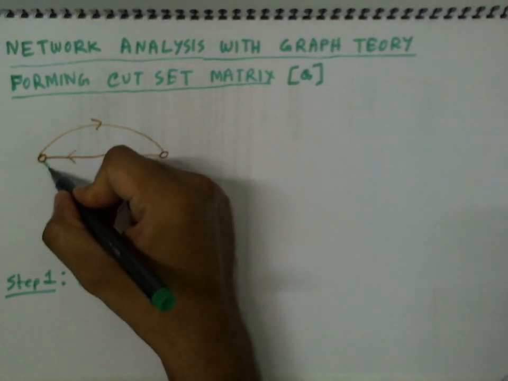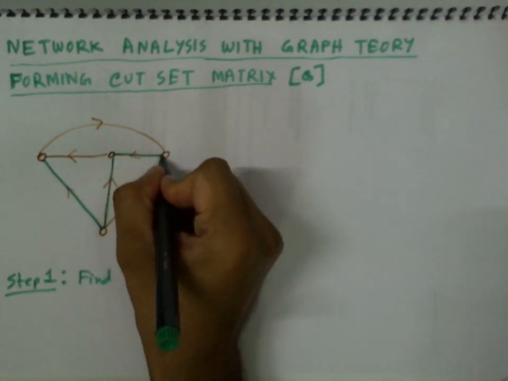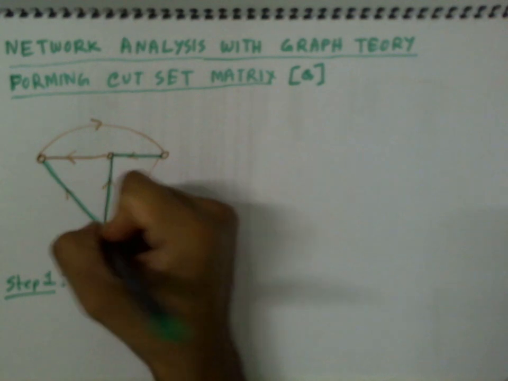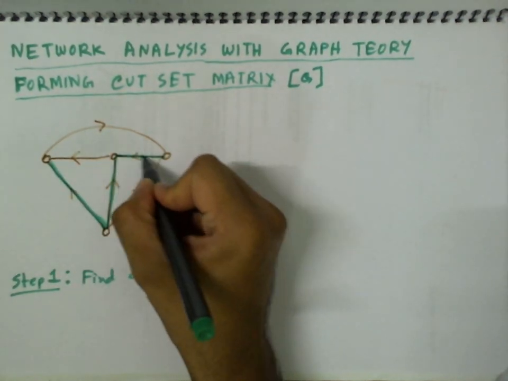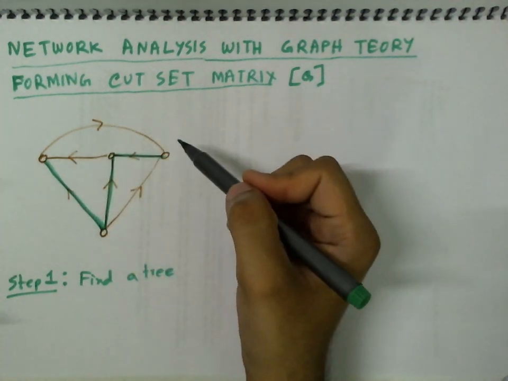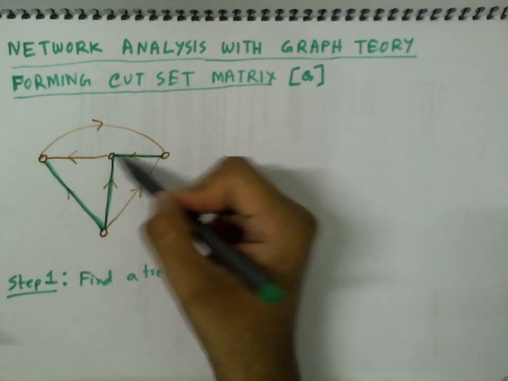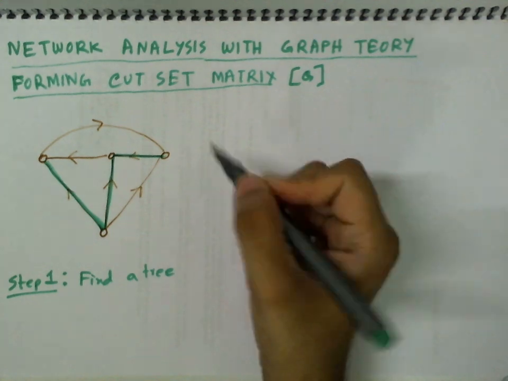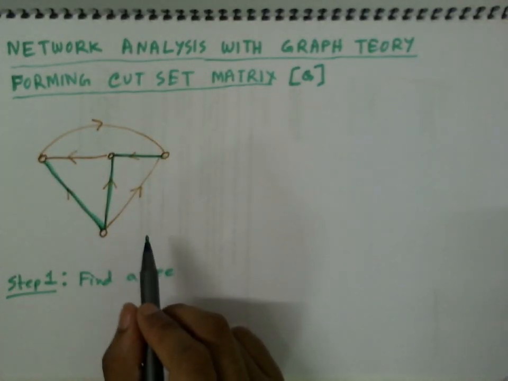Let me take this one. So these 3 edges together join all the nodes, so this forms a tree. There is no loop with these 3 edges, so a tree is chosen.